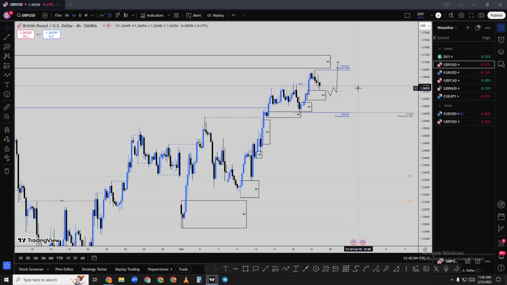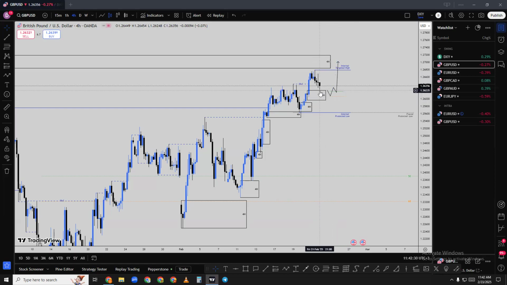Yeah, so that is something that you should pay attention to. Even though we are looking to take some bullish trades from this 4 hourly demand zone, I would consider them a lot more risky compared to the sells.